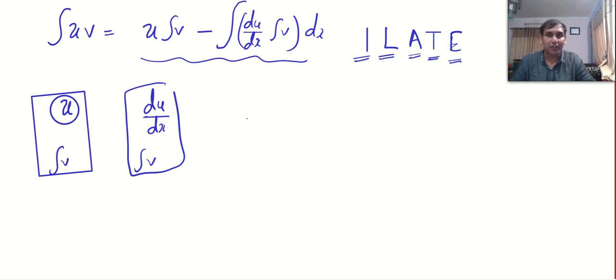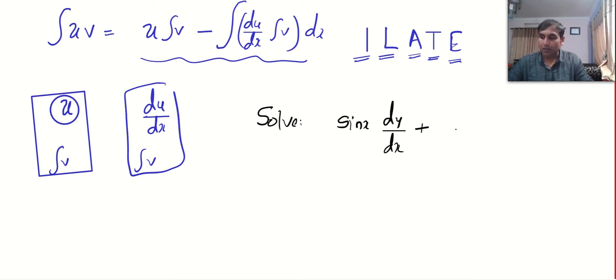Okay, so let's go for the next question. So please write, solve the differential equation sin x into dy by dx plus y into cos x is equal to x into sin x.